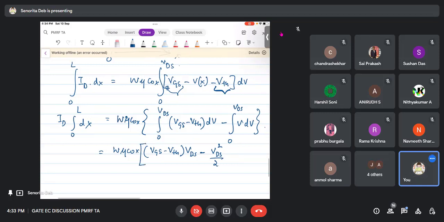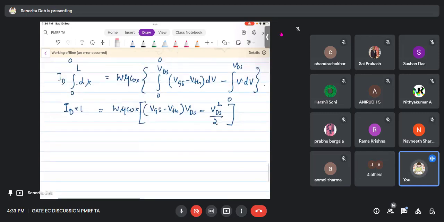So I am just writing the L here directly. I hope that is not a problem. So from here I have arrived at ID equals W mu COX by L, and the 2 also you can keep outside, 2 times (VGS minus VTH) into VDS minus VDS square.